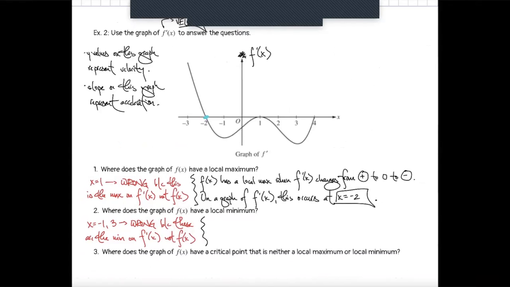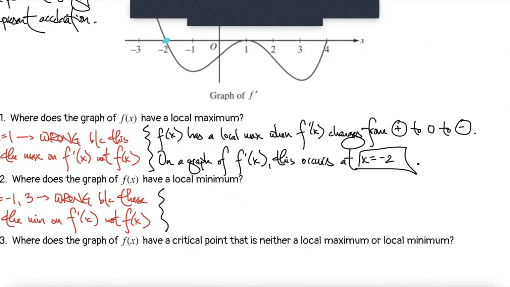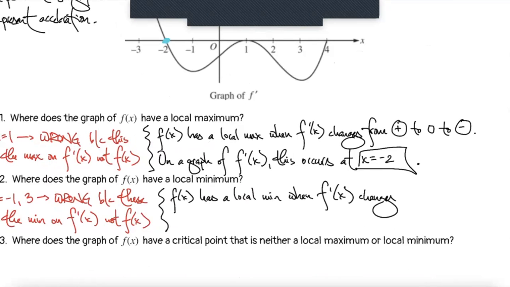All right, now, if we translate the right-hand side, we might say f of x has a local min when, what's true about f prime of x? Okay, changes from negative to 0 to positive. Okay.